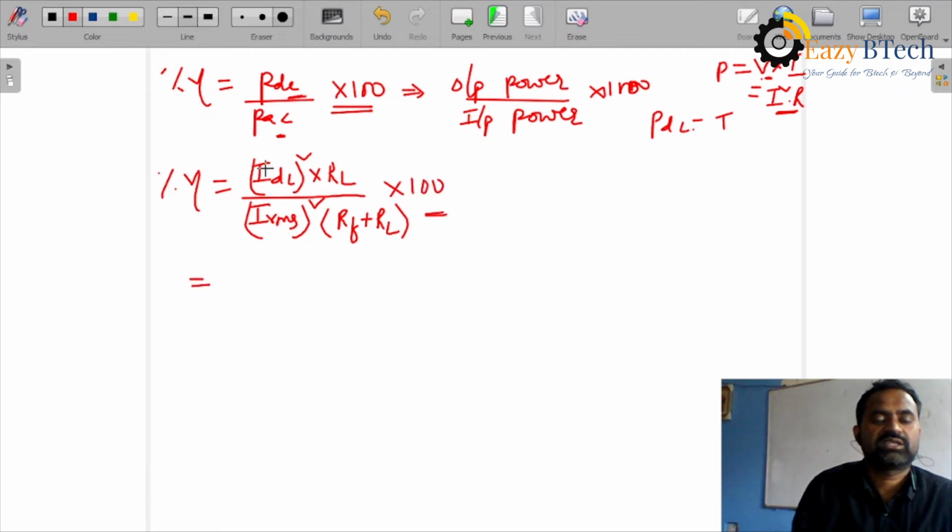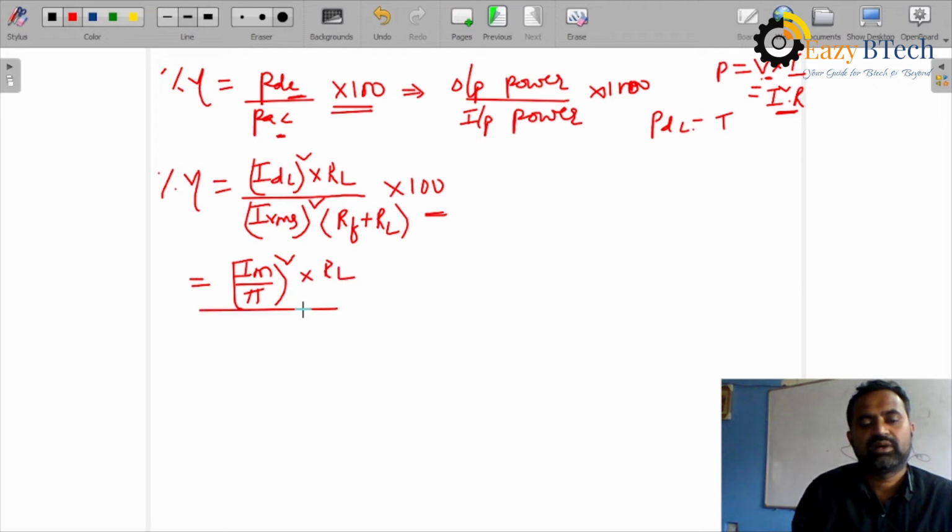We will write IDC, Im by pi whole square, into RL, by Im by 2 whole square, that is Im square by 4, into RF plus RL, into 100.